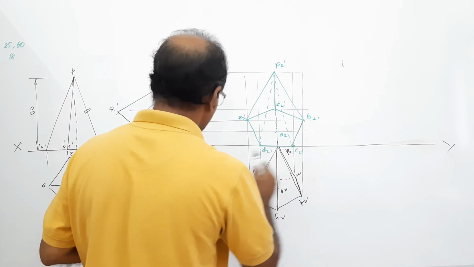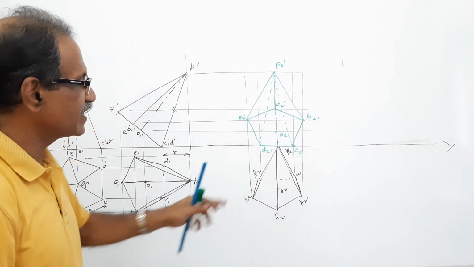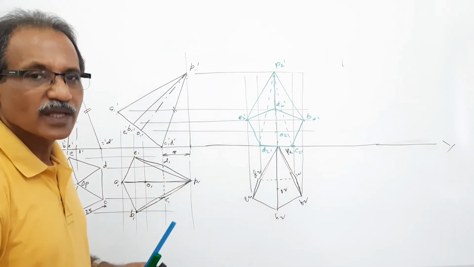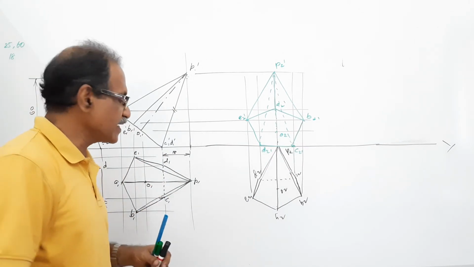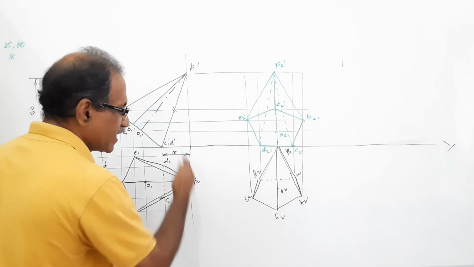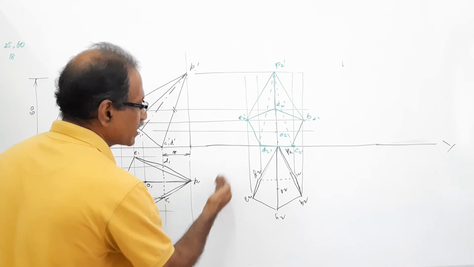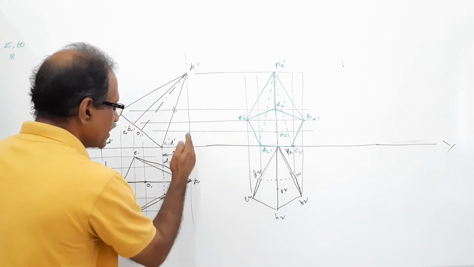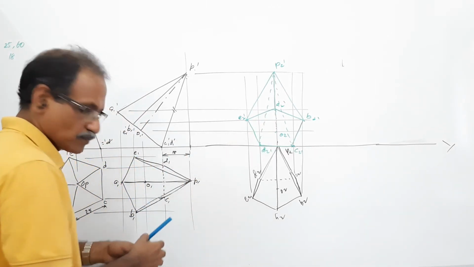When the plan is redrawn, it is redrawn in such a way that P2 touches XY. If you mix redrawing and auxiliary, you can draw an X2 Y2 here and project the elevation over here, you will get this final elevation. Make an X2 Y2 at P1.